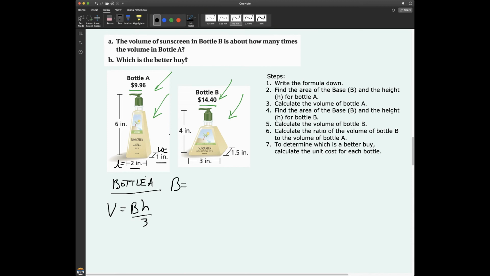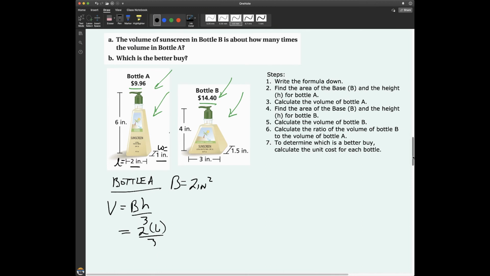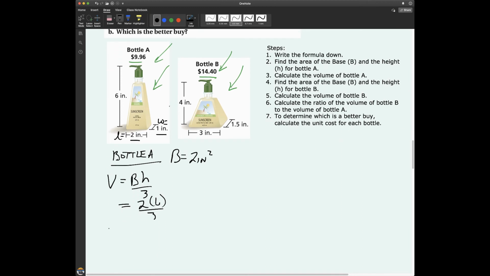Capital B is just 2 times 1, which is 2 inches squared. So the volume is going to be 2 times the height, which is 6, divided by 3. 2 times 6 is 12. 12 divided by 3 is 4. So the volume of bottle A is 4 cubic inches.